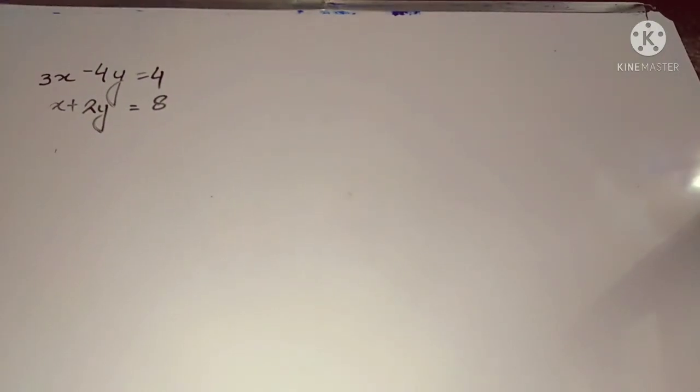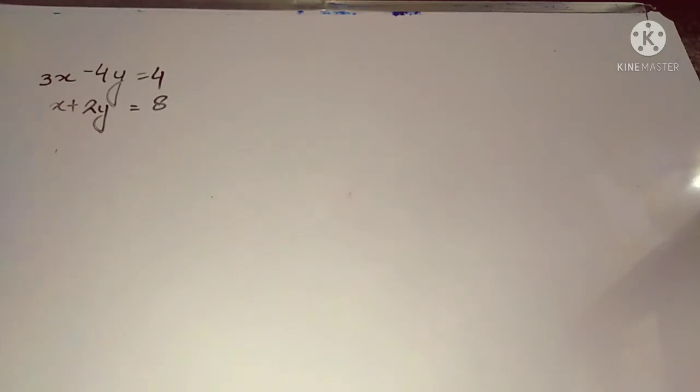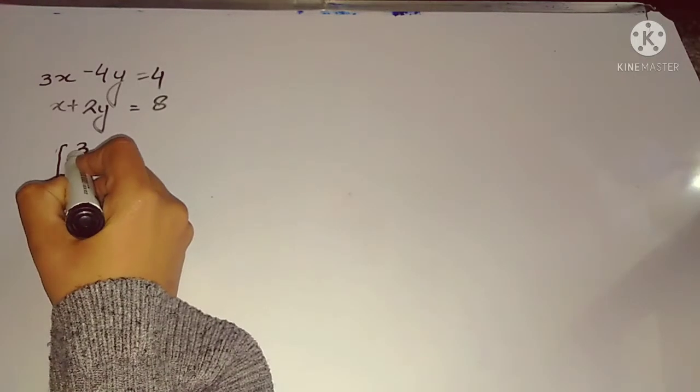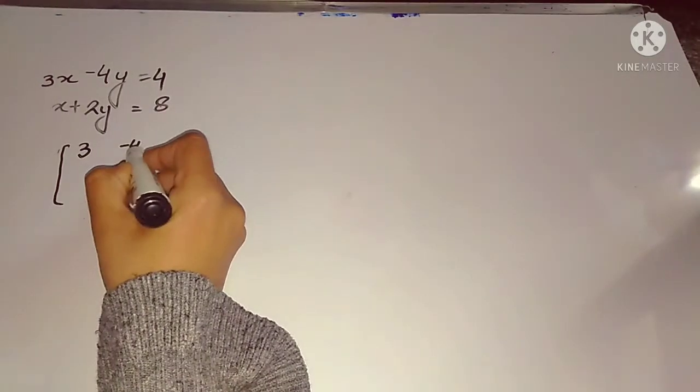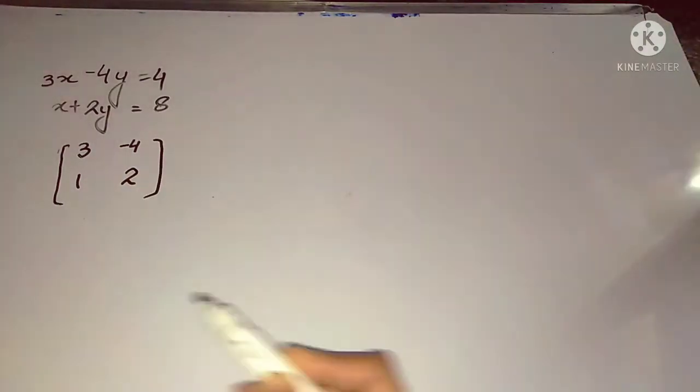Students, the very first step is you have to write down these numbers, 3, minus 4, and 1, 2. These are the coefficients. So you have to write down the coefficients in the form of a matrix. This is how you would write it: 3, minus 4, 1, 2. And now what are the variables involved?